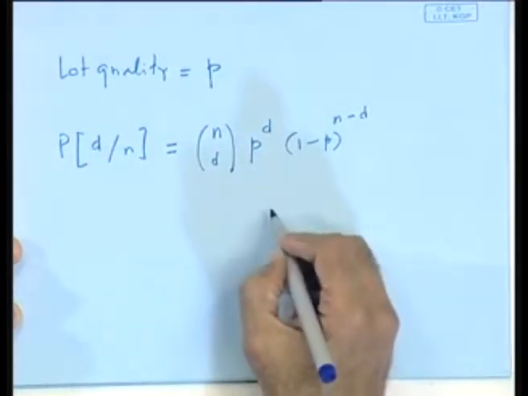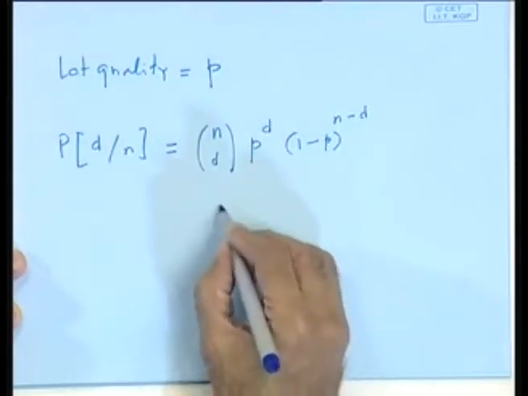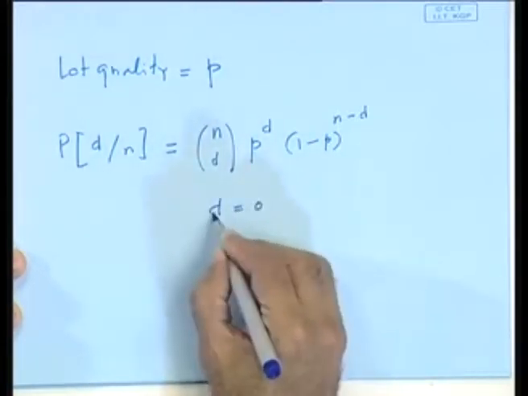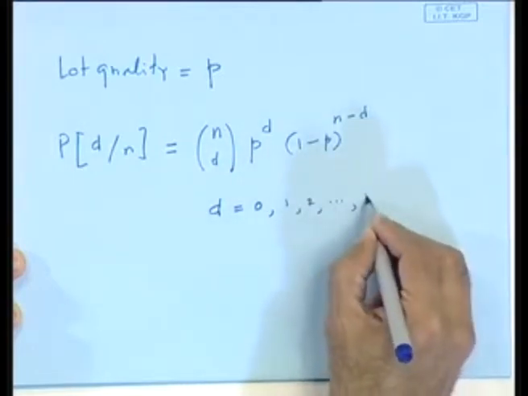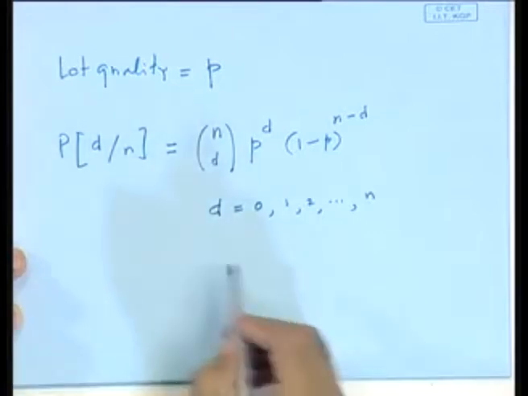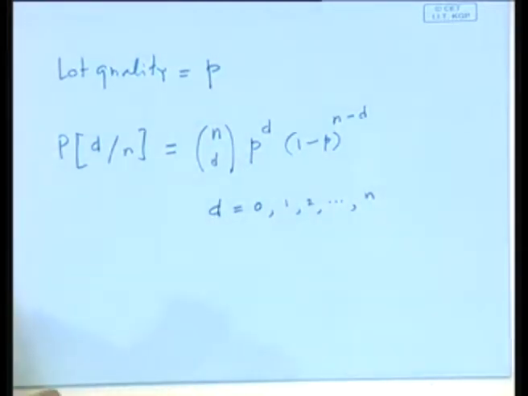And here of course let's write the range of d. d can be as small as 0, it can be 1, 2 and so on, and it can be at most equal to n. This is the range, and this particular distribution is called the binomial distribution.